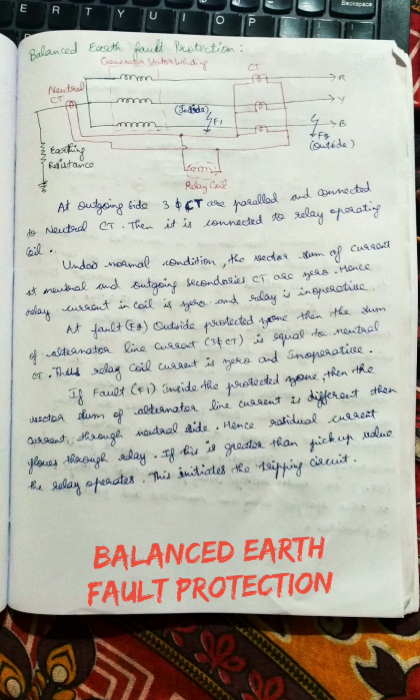If the fault occurs inside your protected zone, there will be a difference in current between your three phases and your neutral, the relay coil picks up, and the relay trips.